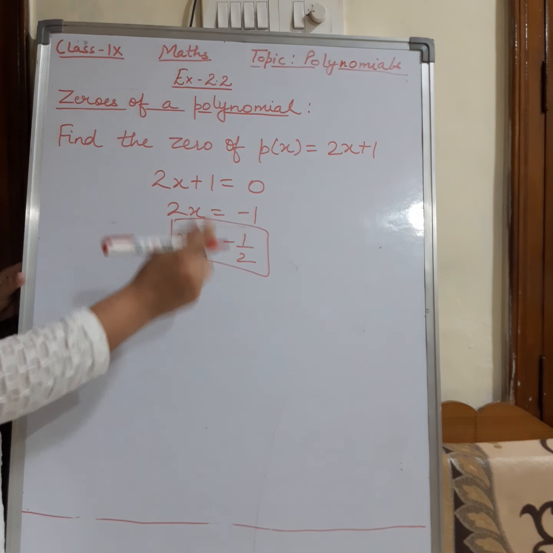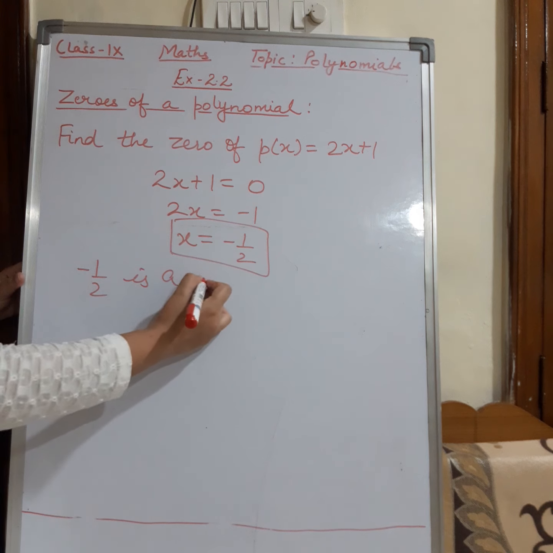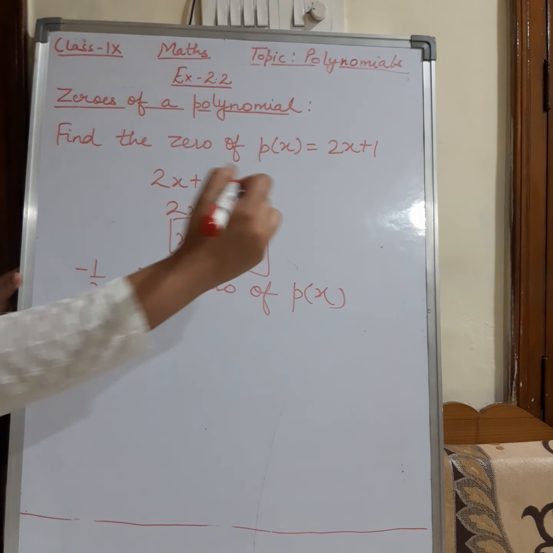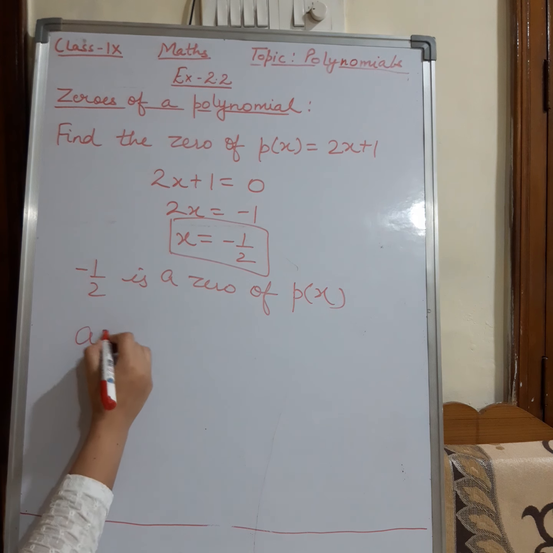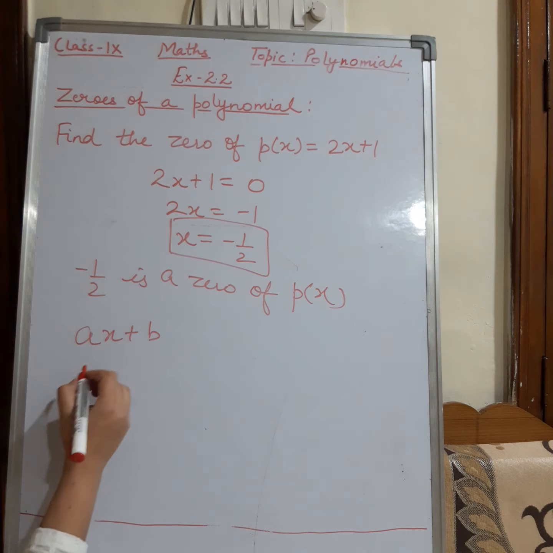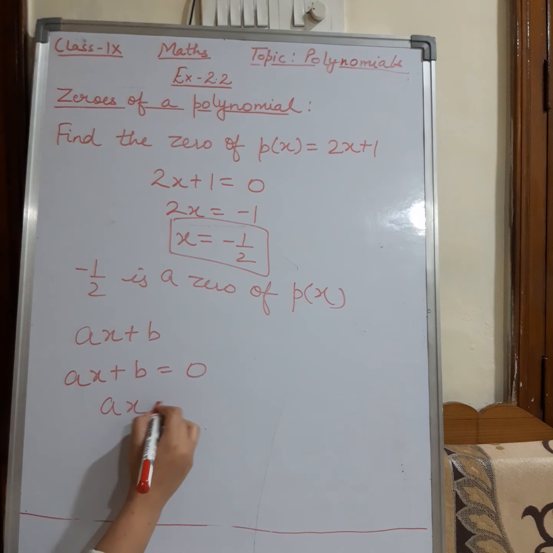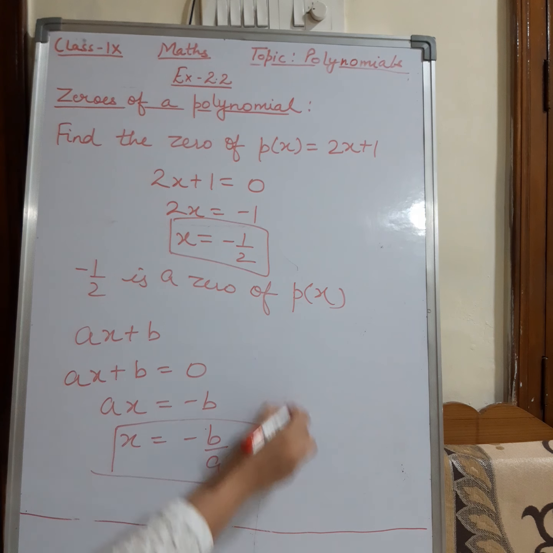So I can say this minus 1 by 2 is a zero of this p(x). Similarly, if I give you a question, find the zero for ax plus b. So what we'll do? We'll put ax plus b equals 0. ax is equal to minus b and x is equal to minus b by a. So this is the zero for this polynomial.